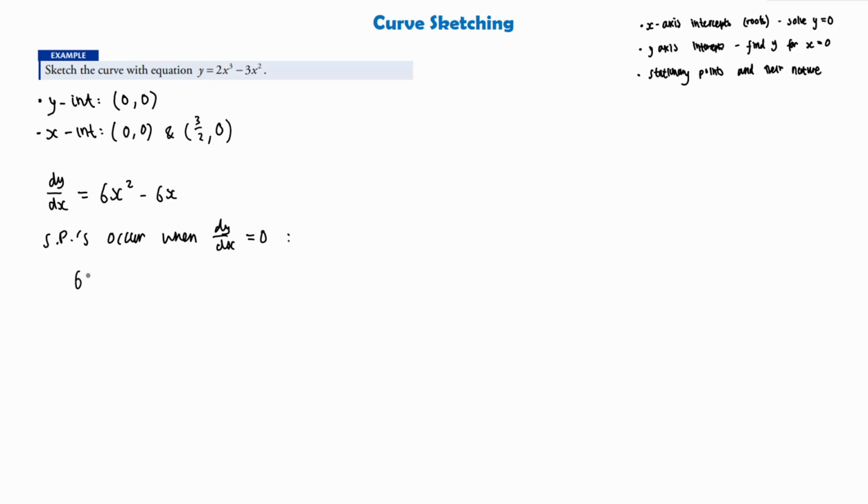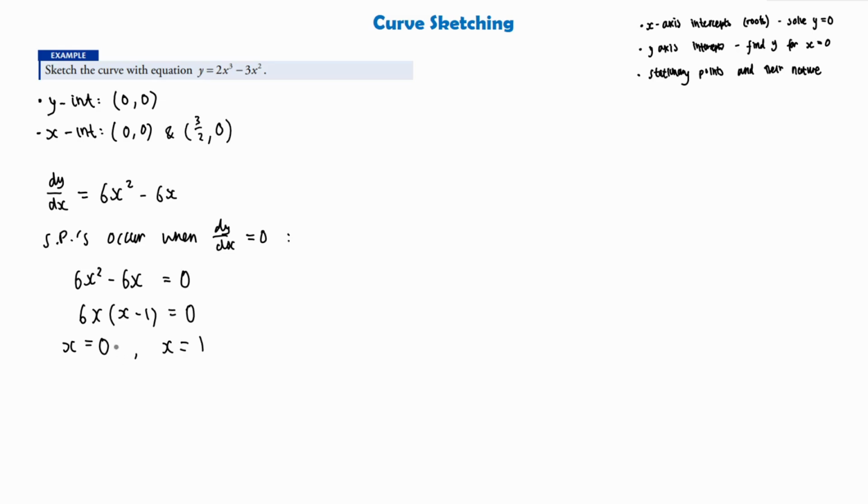So therefore we have 6x squared minus 6x is equal to 0. We can take out a common factor of 6x. We'll get x minus 1 equal to 0. And like we did before, we just solve for x to see that x is going to be equal to, well, in this case, 6x equals 0, or x equals 0, and x minus 1 equals 0, so x equals 1. So these are our two x coordinates for the stationary points.